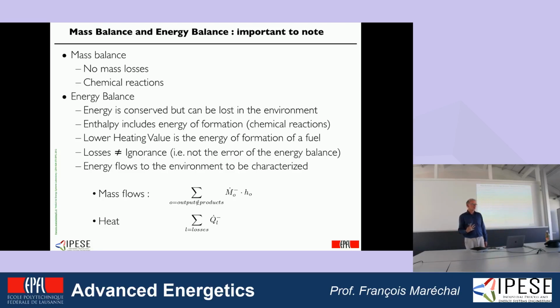So, for example, it might happen that you write a very nice energy balance by making one assumption: there is no leakage, and in reality there is one. It might happen that it is hidden and you will not see it. So you will have to be careful and be sure that you are not losing information by writing the configuration.